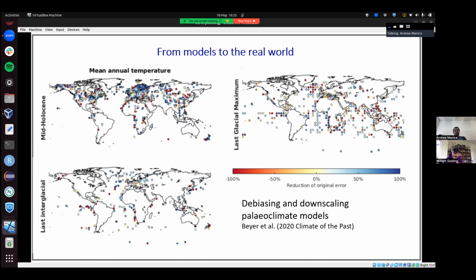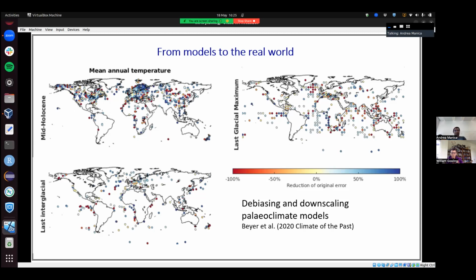But to some extent, that limited our ability to think about more sophisticated downscaling and debiasing approaches, because what we saw, quite frankly, was that the simpler debiasing and downscaling approaches were the best ones, probably because they are quite noddy, quite simple. And so despite all the noise in the data, we end up with something okay, but we couldn't leverage the more sophisticated approaches because the number of errors in the proxies prevented us from using anything more sophisticated.